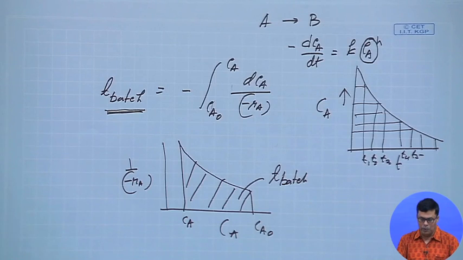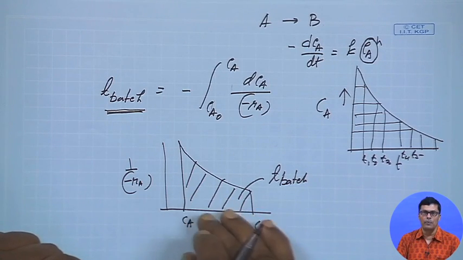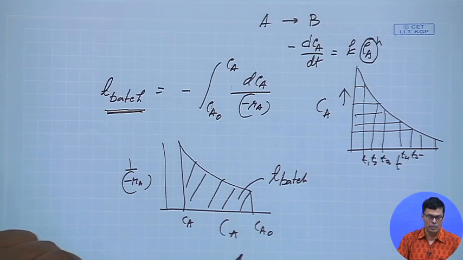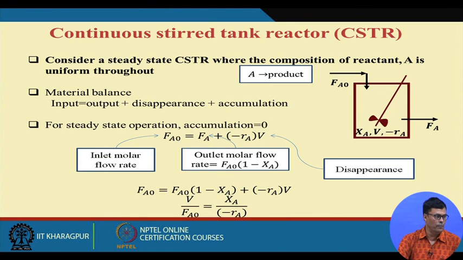So, this is how we can easily find out graphically how the batch time can be calculated, and next let us talk about the continuous reactor.